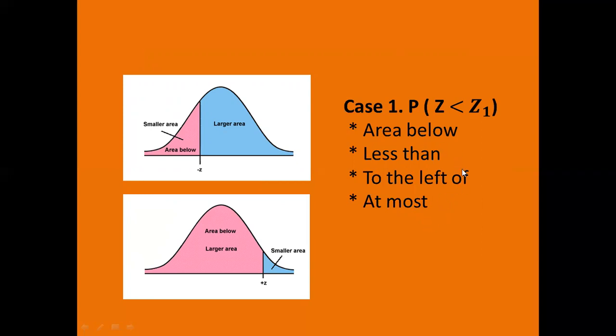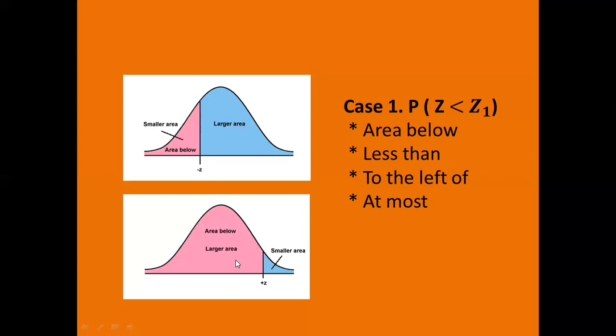Okay, so take note of these keywords. And then if you look at the graph, we're referring here to this pink area. So pag sinabi natin area below, okay, if the standard score is negative, then the area or the probability is somewhere here. If the standard score is positive, then the area would be this one. Okay, so mas bigger siya.